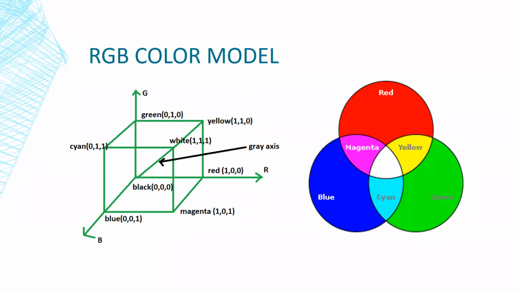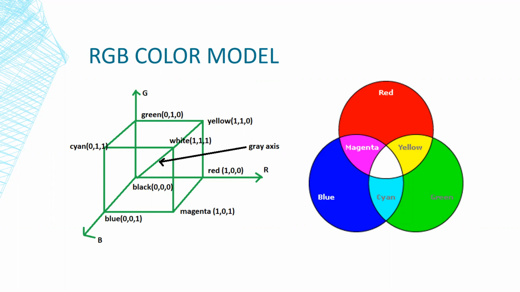This theory of vision is the basis for displaying color output on a video monitor using the three primaries red, green, and blue, which is referred to as the RGB color model. We can represent this model using the unit cube defined on RGB axes. As shown in the diagram, the origin represents black, and the diagonally opposite vertex with coordinates 1, 1, 1 is white.